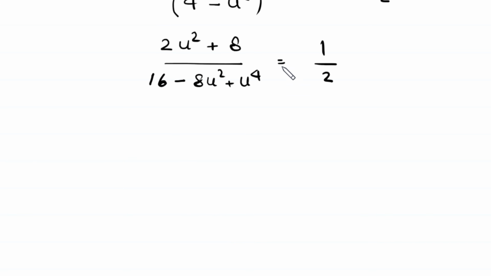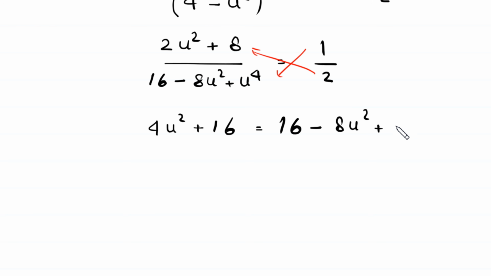Now we use cross multiplication. We multiply this 1 by this expression and we multiply this 2 by this expression. So 2 times 2u squared will become 4u squared, and 2 times 8 plus 16 equal to, this expression times 1 remains the same, 16 minus 8u squared plus u to the power 4, and we subtract 16 and 4u squared from both sides.